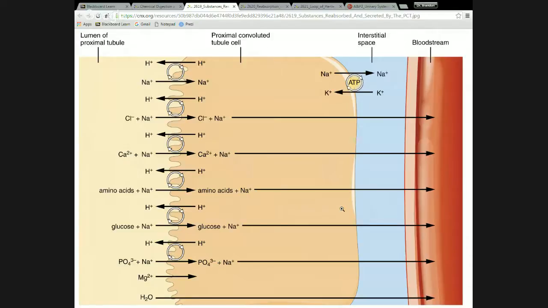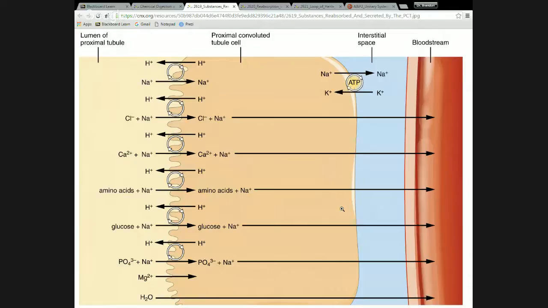So the transport molecules represented by these circles, those proteins are exactly the same proteins that are used on the apical surface of small intestine cells to transport those things in. Because really, it's the same thing. We have nutrients on the apical surface or on the lumen side of these cells, and we want to get it into the blood.